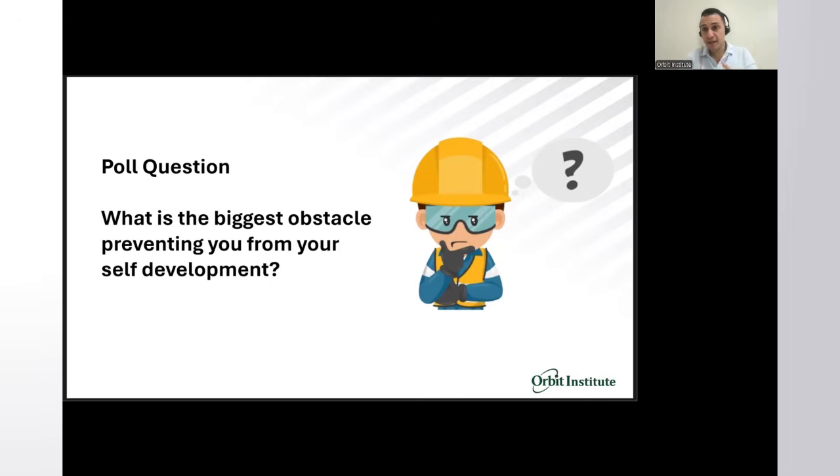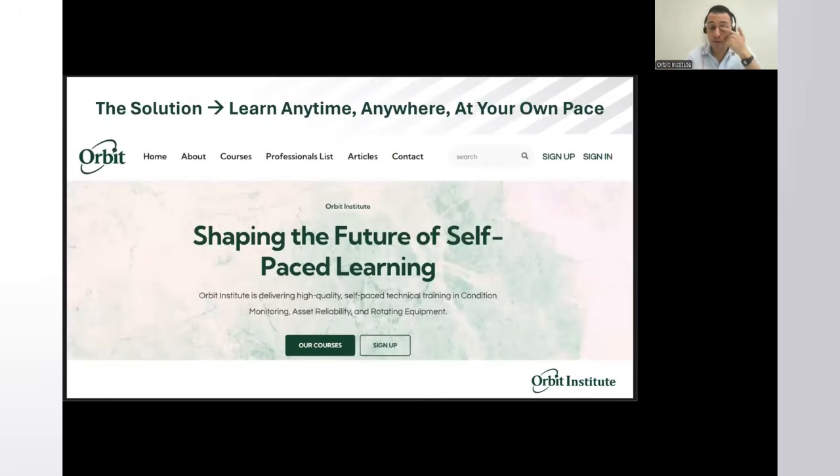It's the cost of training, the lack of time, the commitments, and maybe all of them at the same time. So that's why I wanted to introduce Orbit Institute for you.